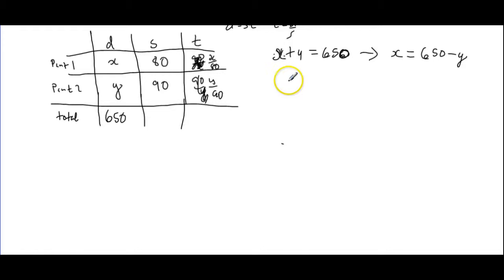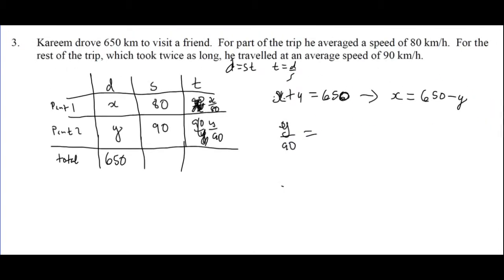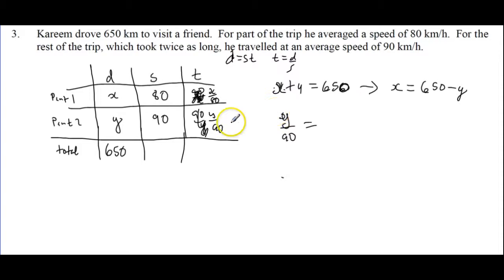Okay, so what was the other one? We know part 2, so that y over 90. Part of the trip for the rest of the trip, which took twice as long. So this time here is double this time here. So it's 2 times x over 80.